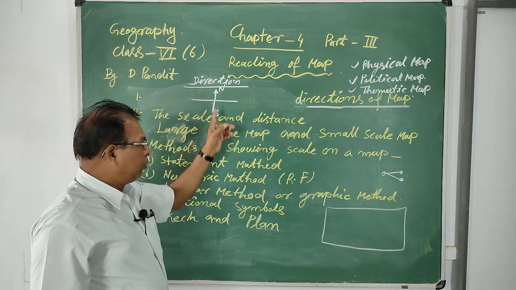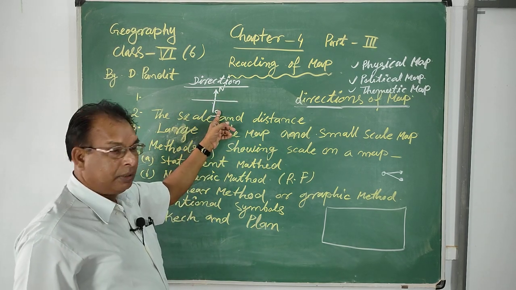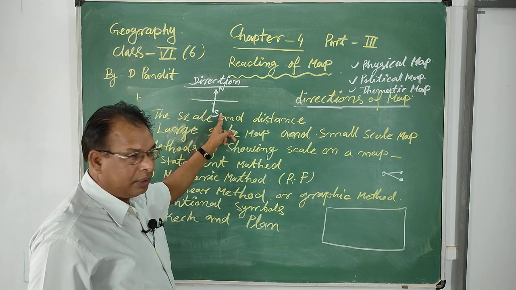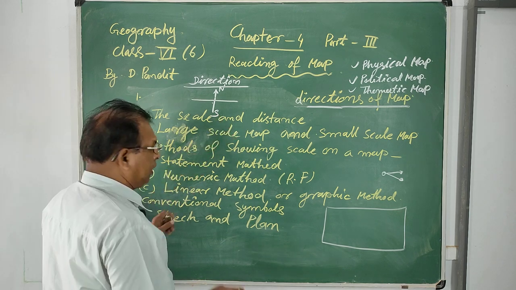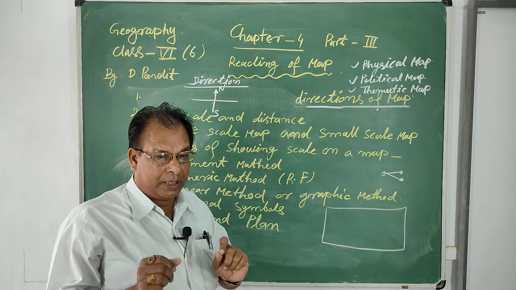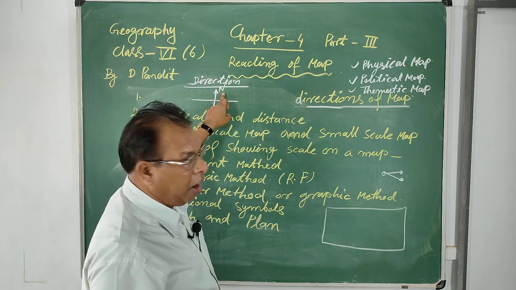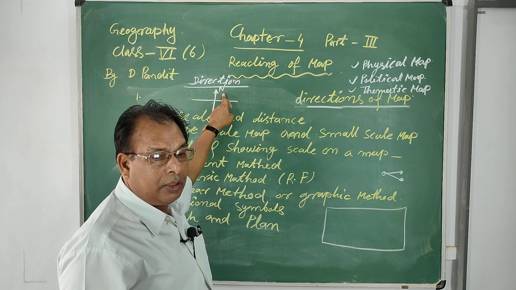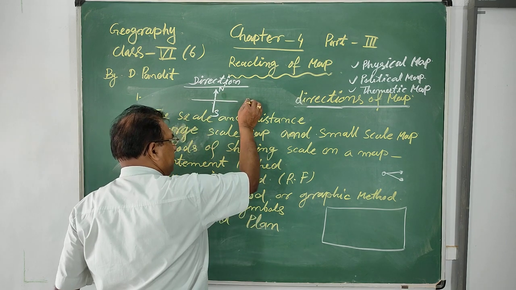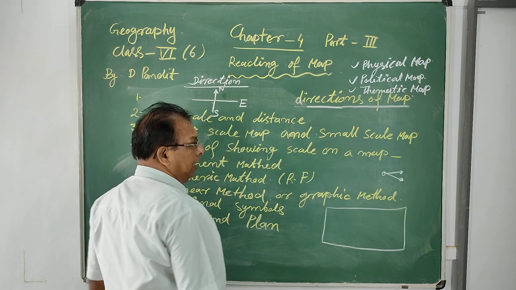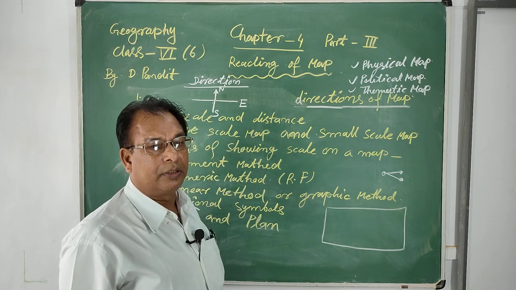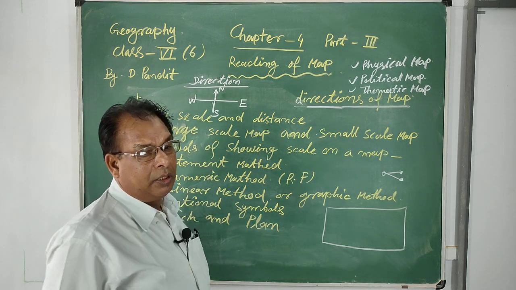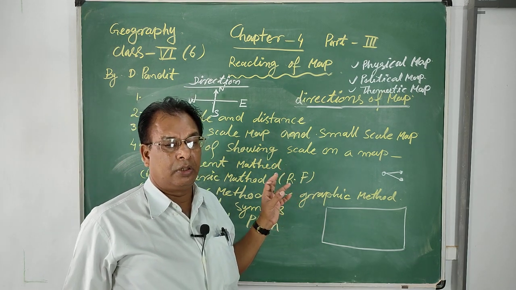So there are 2 directions you have seen on the blackboard, north and south. When your face is toward the north, your right hand shows the east direction and your left hand shows the west direction.